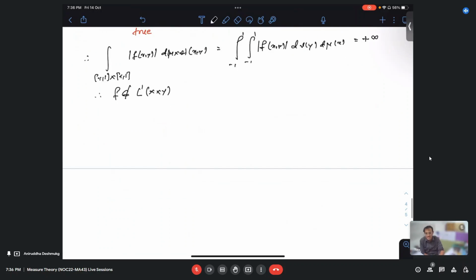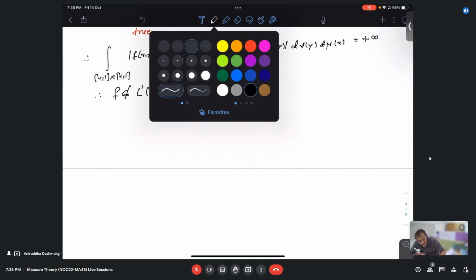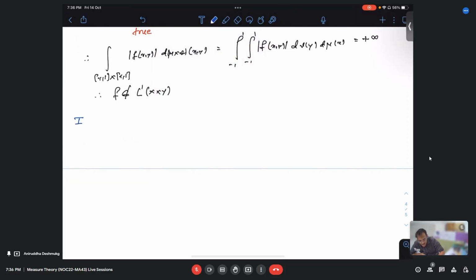So this example establishes the following. So why is this important?